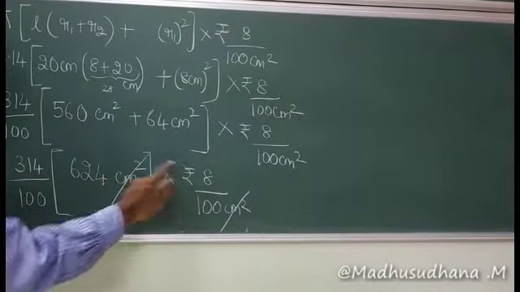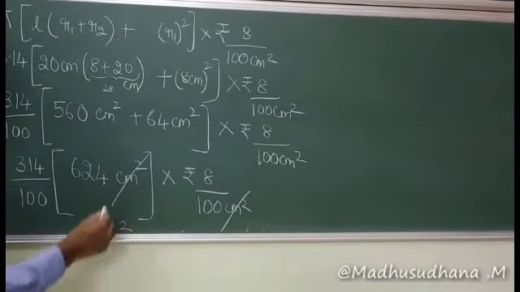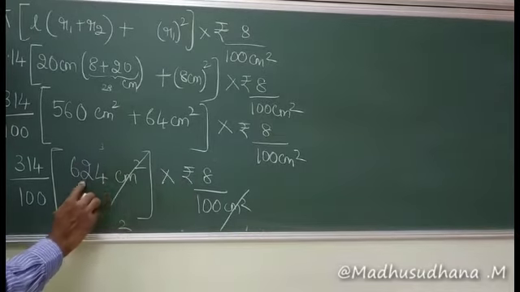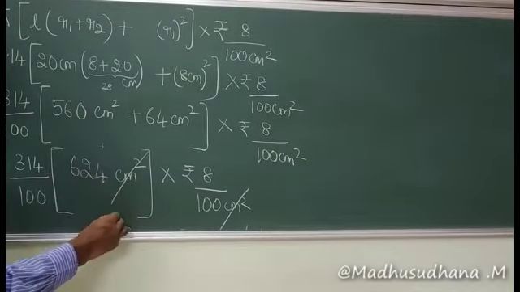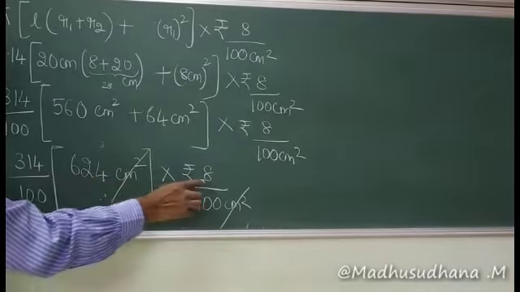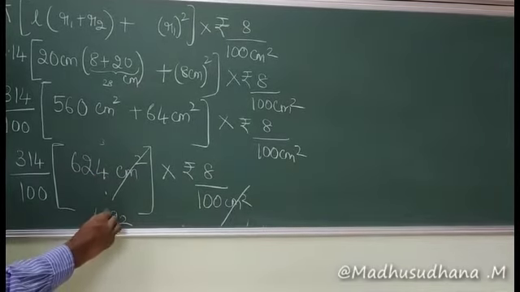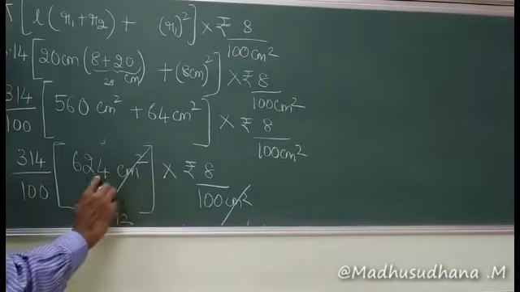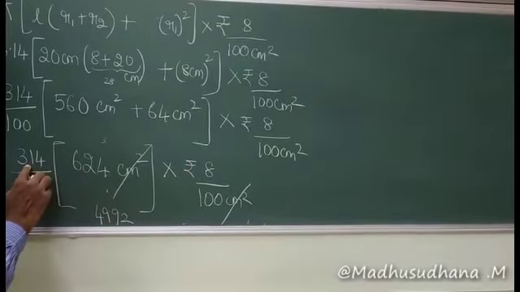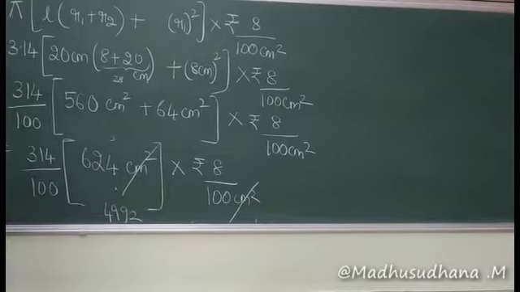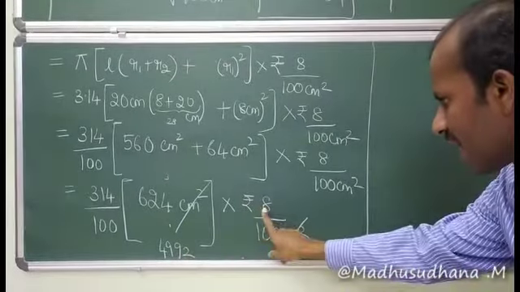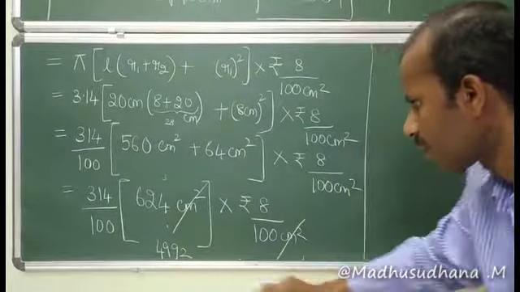So 8 4s are 32, 8 2s are 16, 17, 18, 19, 9 here, 1 carry, 8 6s are 48 plus 1, 49. So 4992 is this multiplication. I have multiplied 8 along with 624 and got 4992.